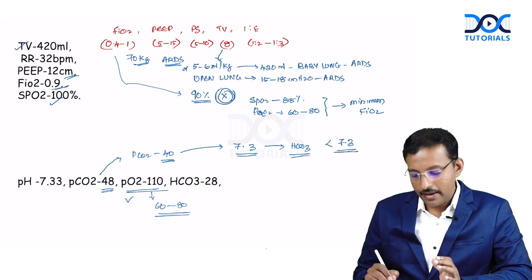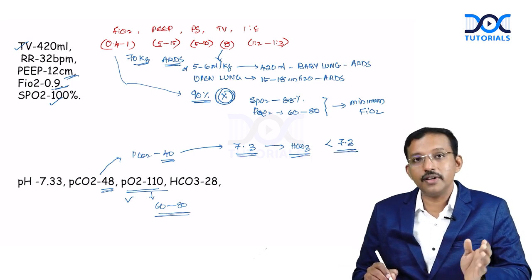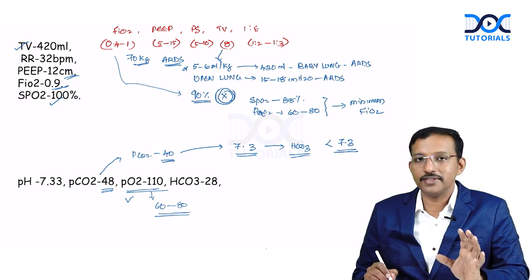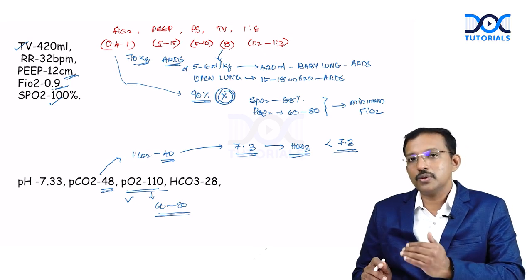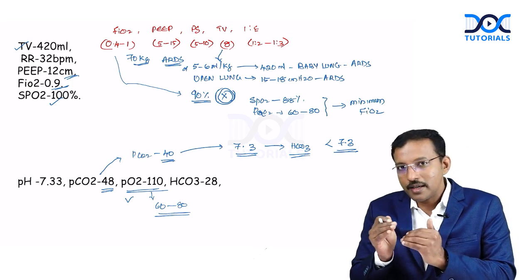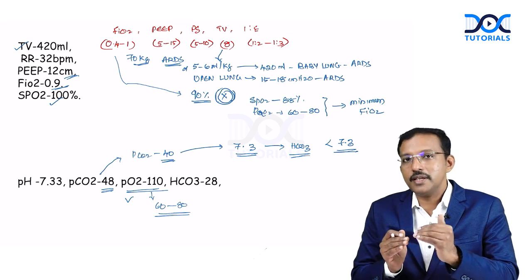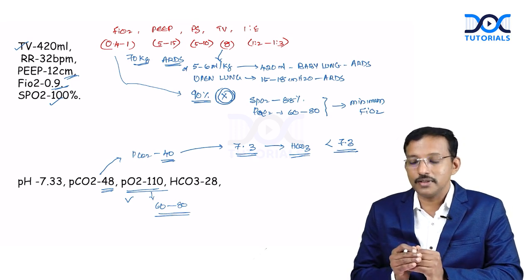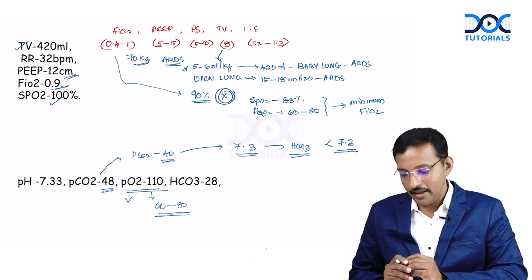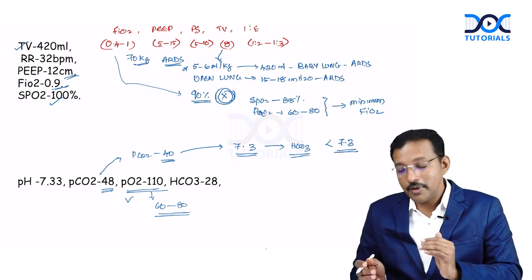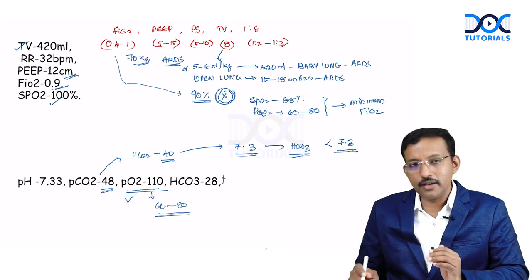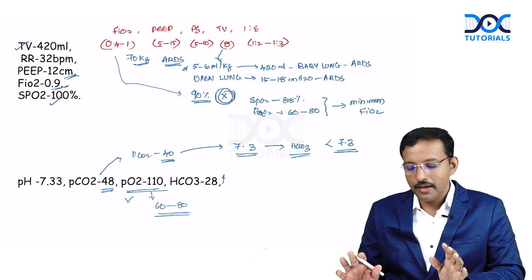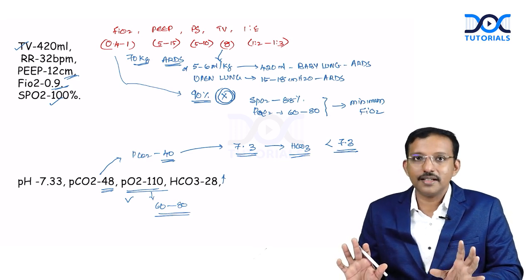So in our case it is 7.33; 7.35 to 7.45 is considered as normal. So although it has come out a bit into the respiratory acidosis with retention of carbon dioxide, and there is a compensatory elevation of the bicarbonate, all this is considered to be normal and you can accept this. This is the whole concept.